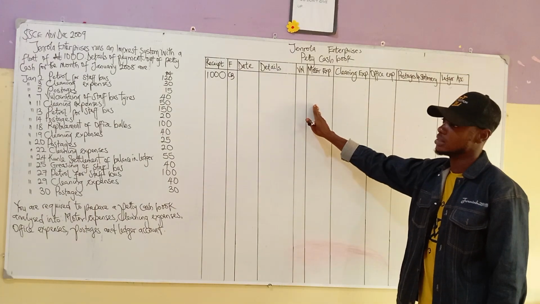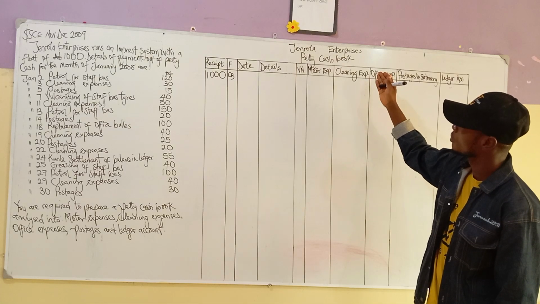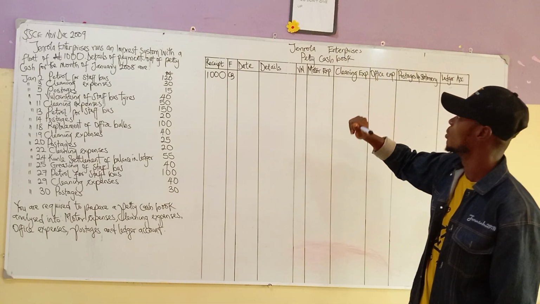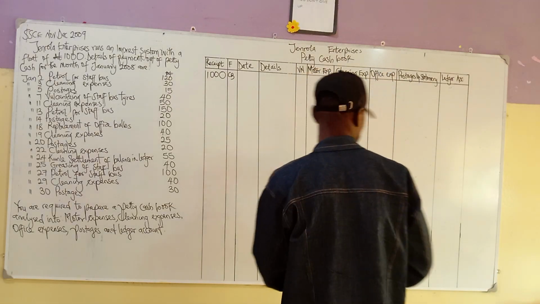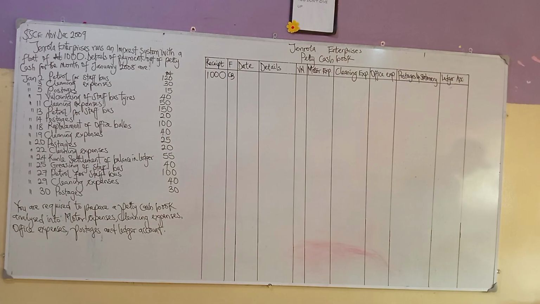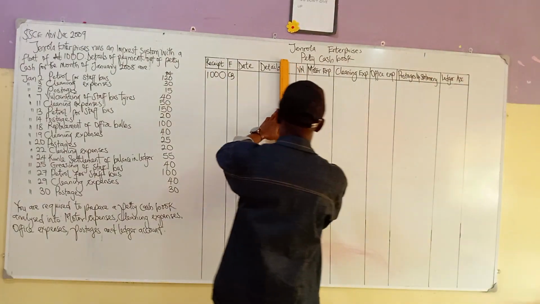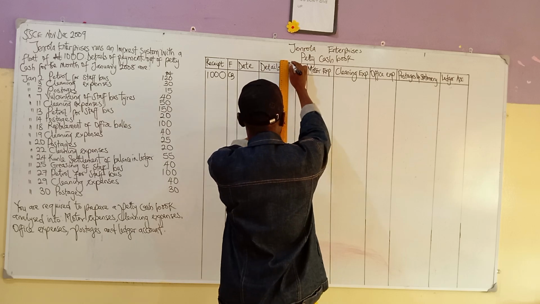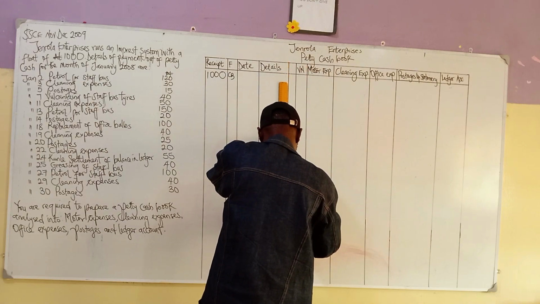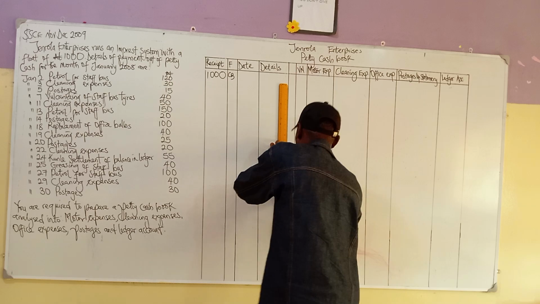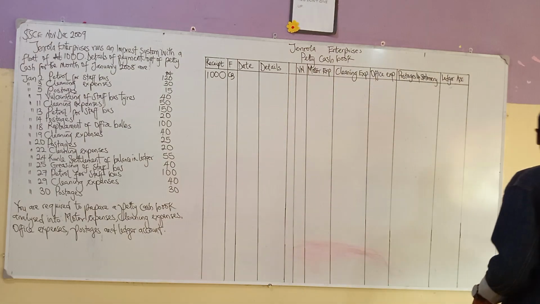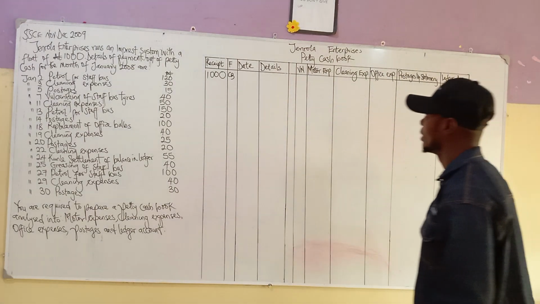Now, this is my motor expenses. Oh, okay, I'm supposed to have my total. So let me put this here, sorry. Now, I've ruled this into the expenses that were given.